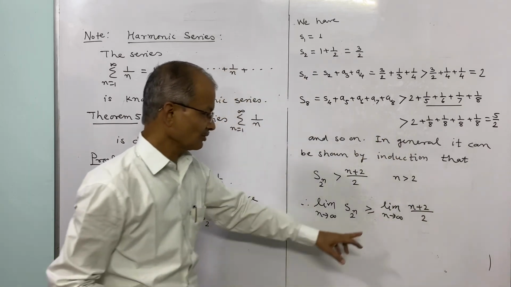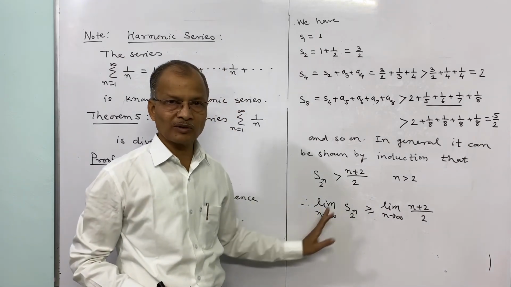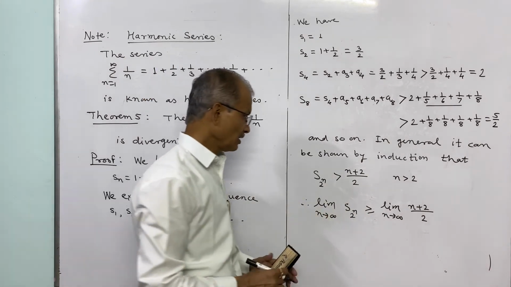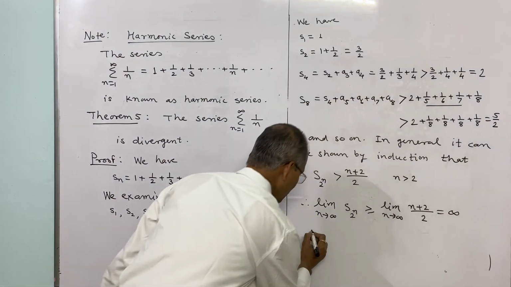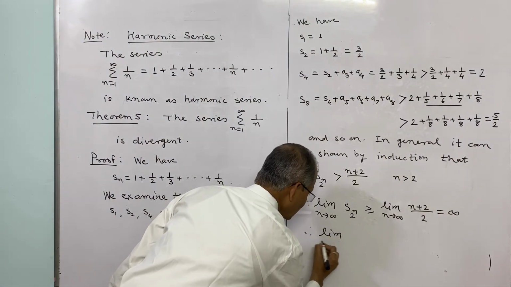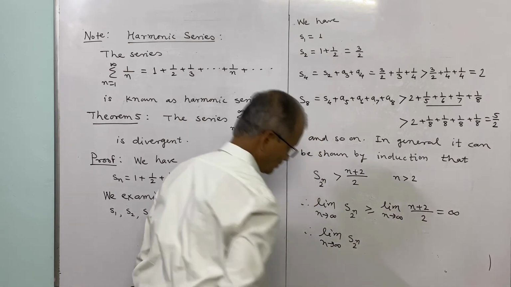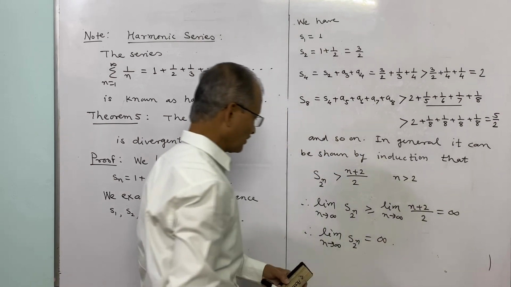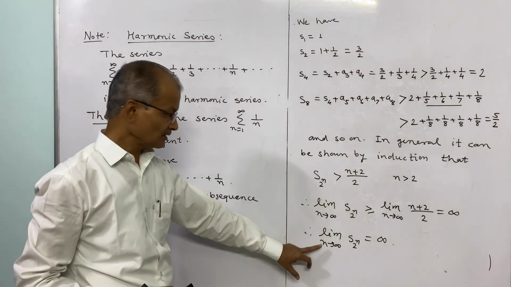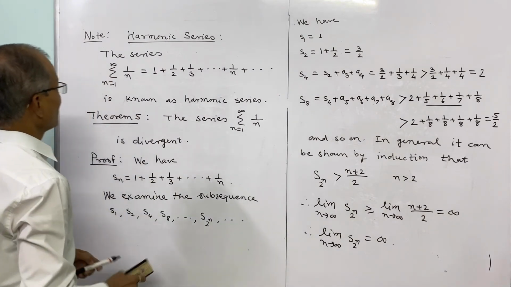And this limit is infinity, and therefore this is greater than or equal to infinity, which means this must be infinity. So limit n tends to infinity of S2 to the power n is equal to infinity, and therefore this subsequence of the original sequence diverges to infinity.